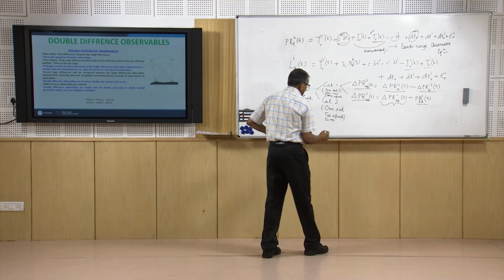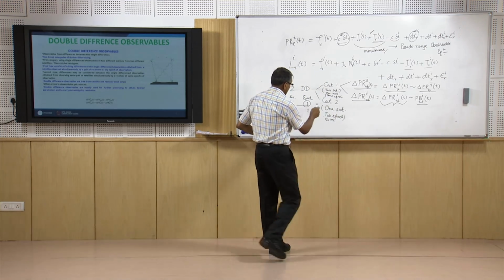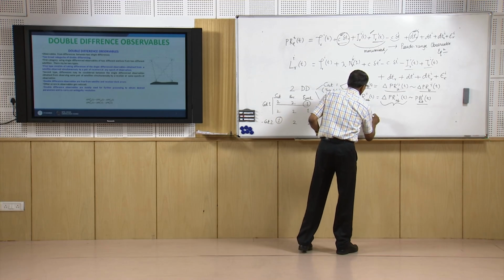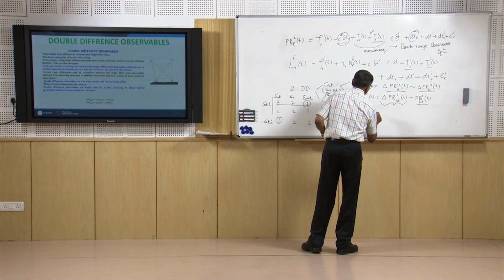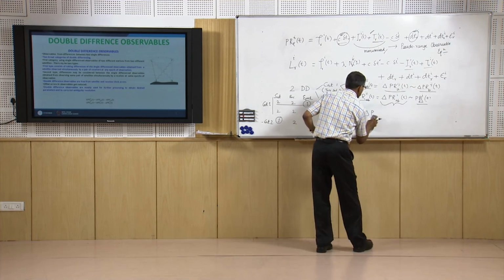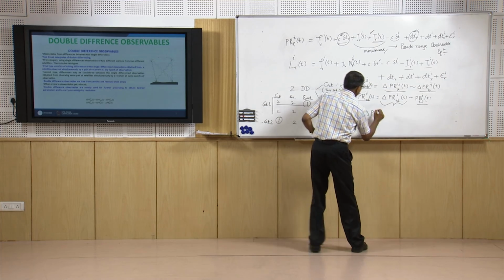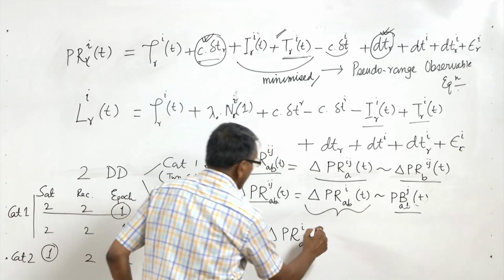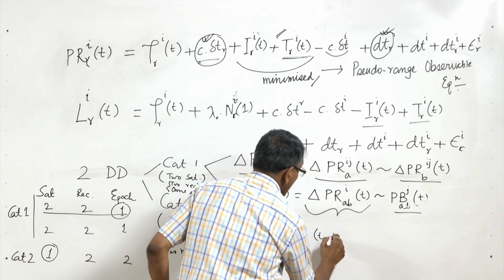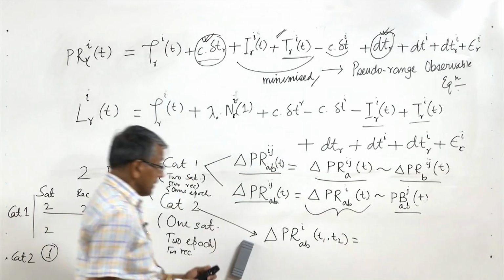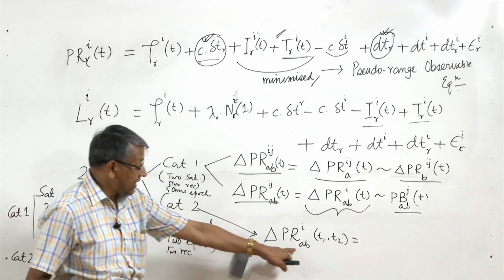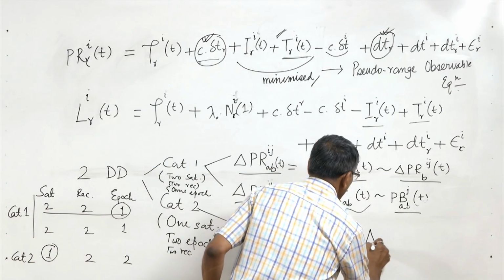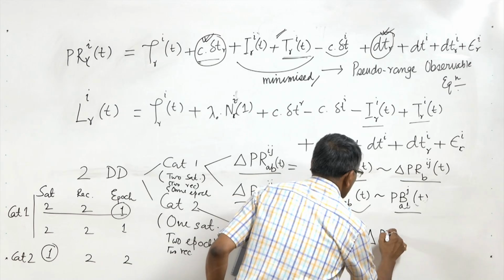And the third variety, which we call category 2, is the pseudo range where we take the difference of single difference observables.